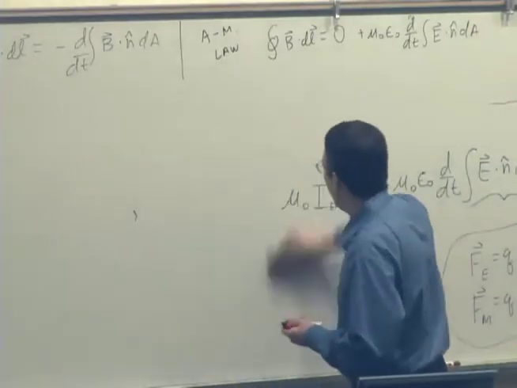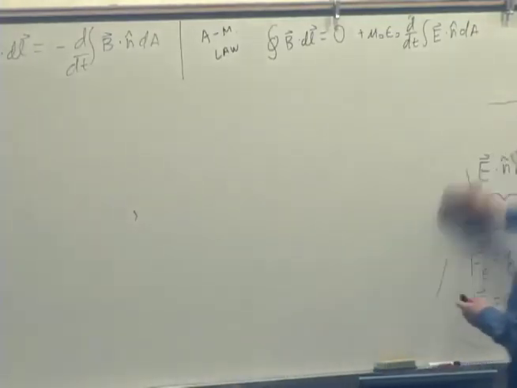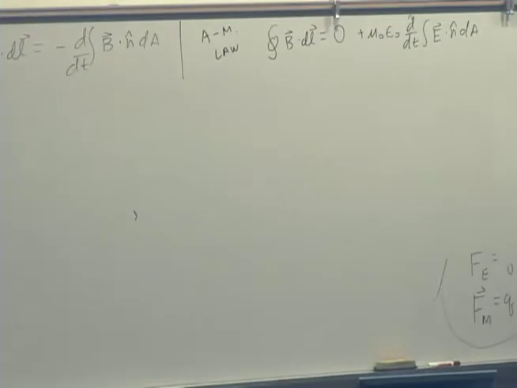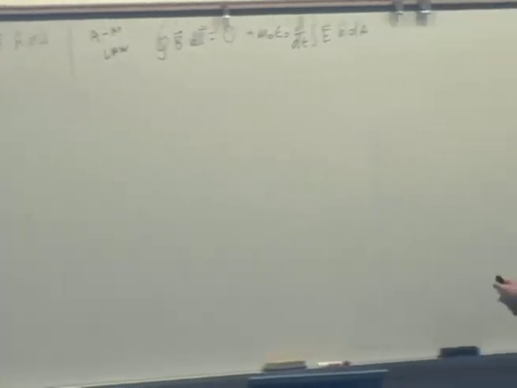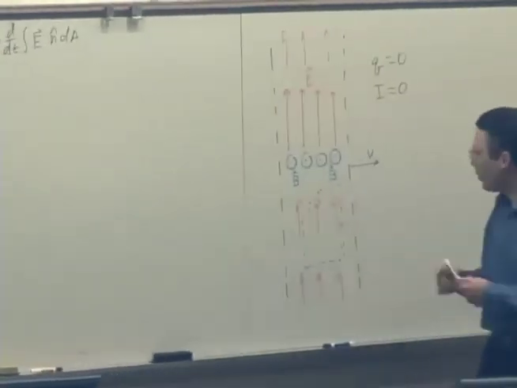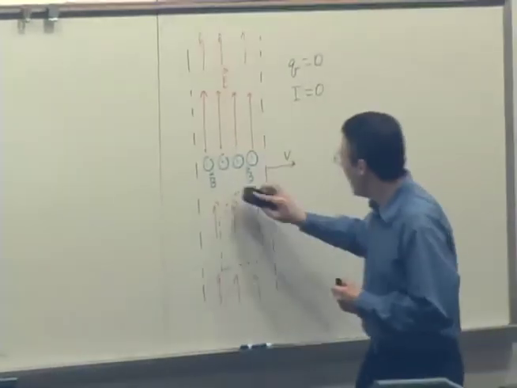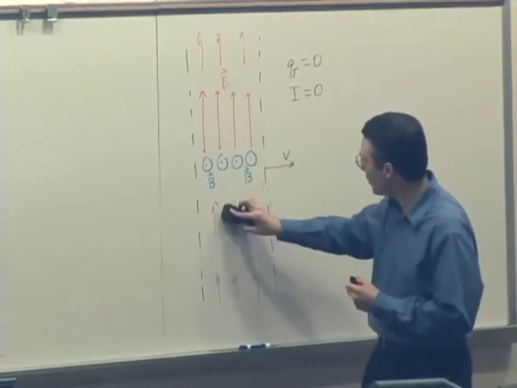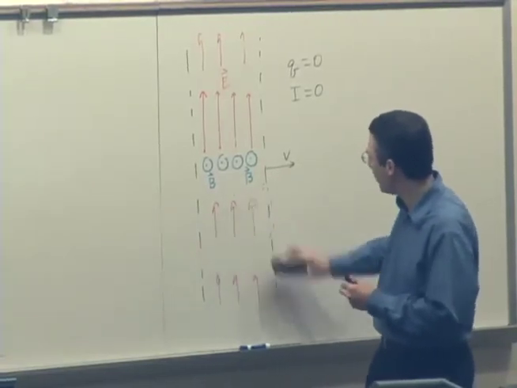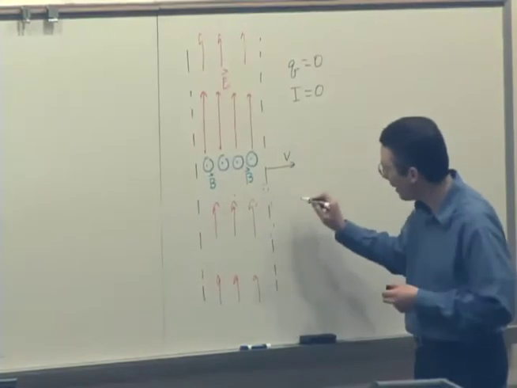And what we're going to do is think about a loop, because we have to think about the electric field around the loop. And the loop we're going to pick is a loop that extends partly into this slab of moving electric and magnetic fields and extends partly out of it.